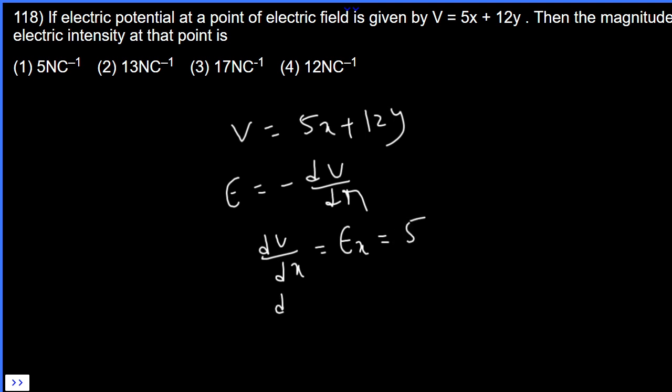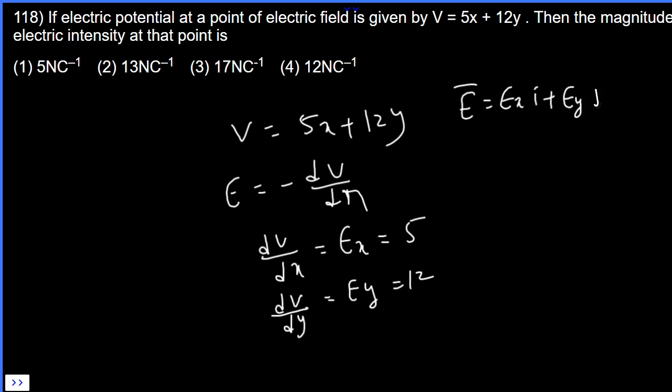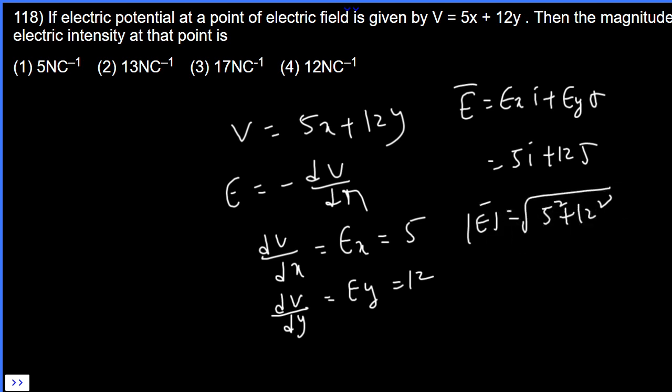Again differentiating with respect to y, Ey is equal to 12. So by the formula E bar is equal to Ex i plus Ey j, that is 5i plus 12j. We get mod E bar is equal to root over 5 square plus 12 square, which is equal to 13. Option number 2 is correct.